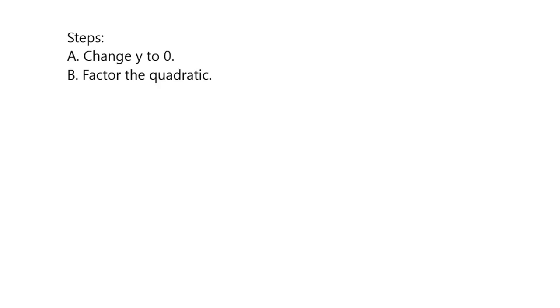You can factor the quadratic using any method. Step 3, you take each factor and set it to 0. You do this because anything times 0 is going to give you 0. And when you do that, you will find where it crosses the x-axis. And lastly, you solve for the variable.